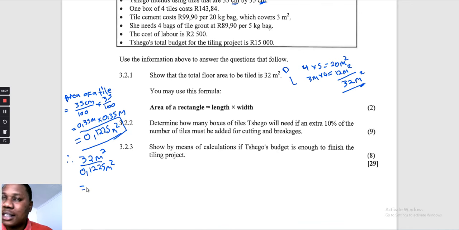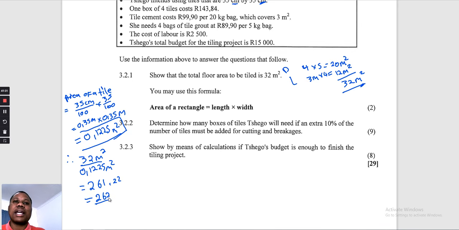So we will need 261.22. We cannot buy half a tile, so we can definitely buy 262 tiles.